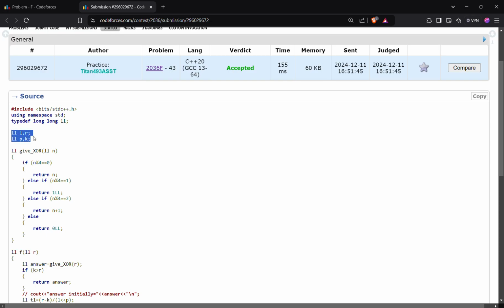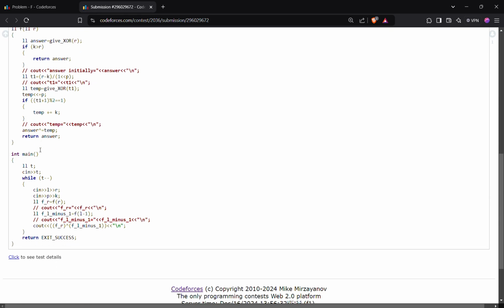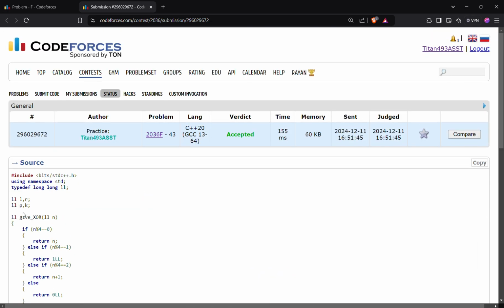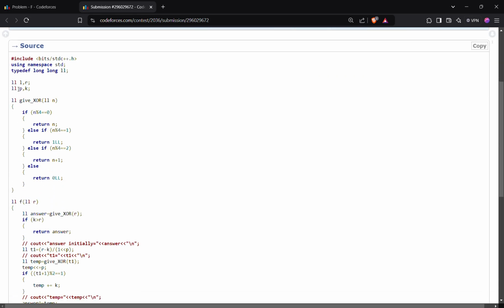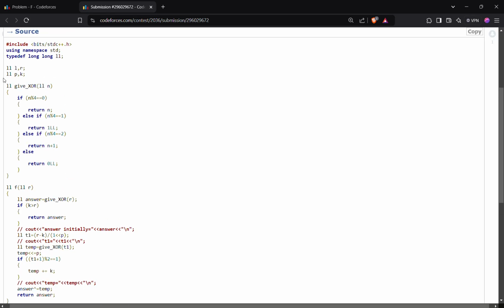So l, r and p, k. P is basically the i, because we need i, you can take i as well, but i is like an iterator that you use in a for loop, so I thought p is more convenient and named it p.